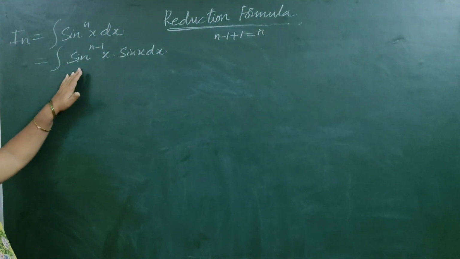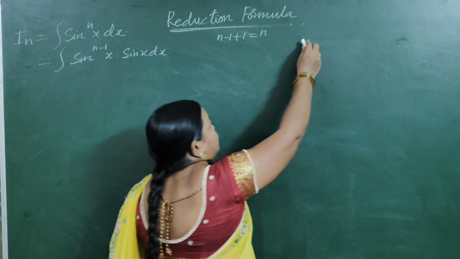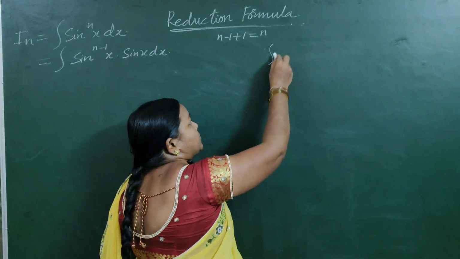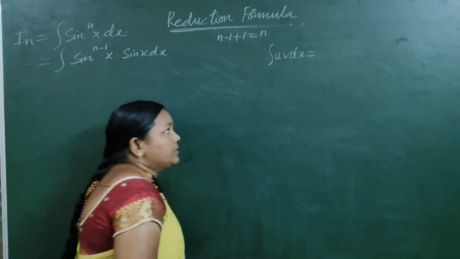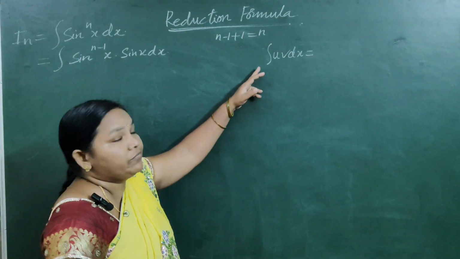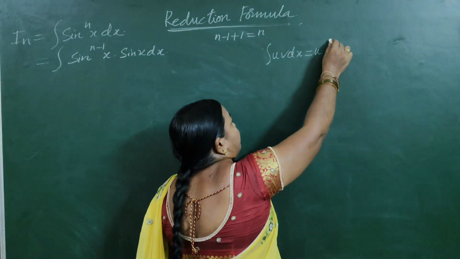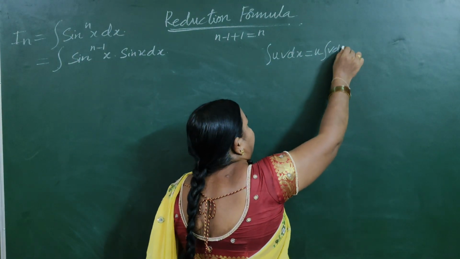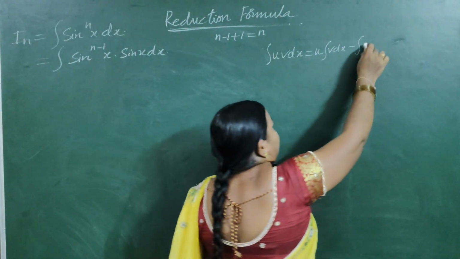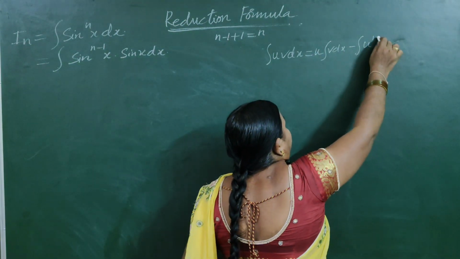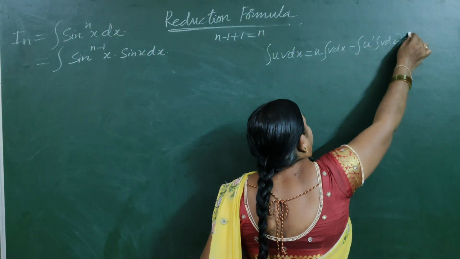Now it is in the form of u into v. What is the formula for integration of u into v? Integration of u v dx equals, see here, u means first function, v is second function. That is, first function into integration of v dx minus integration of the differentiation of the first one, that is u dash, into integration of v dx, into dx.